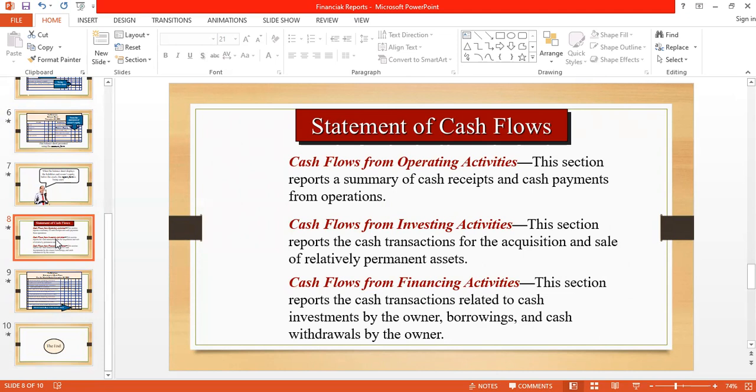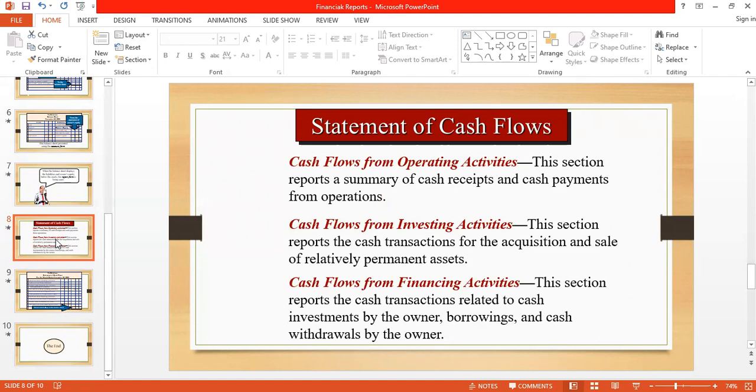Operating activities include the components recorded in the income statement: revenue earned and operating expenses. This section reports a summary of cash receipts and cash payments from operations. It means from the operation of the business, what we have earned through sales revenue and how much cash has been paid for expenses.